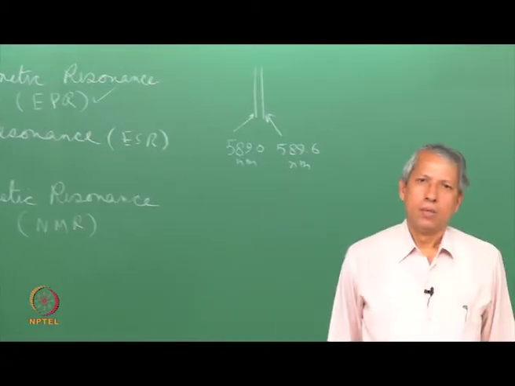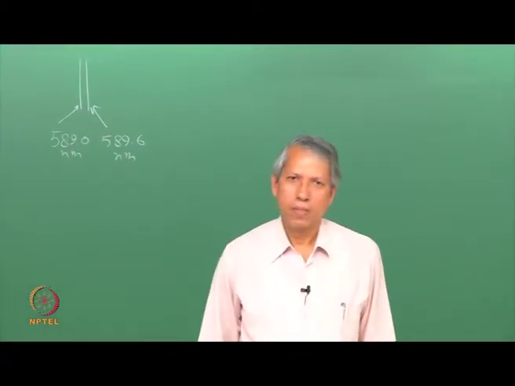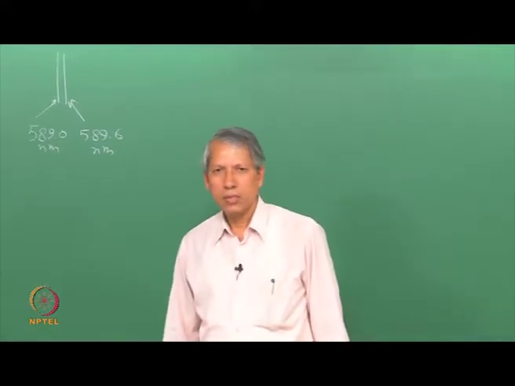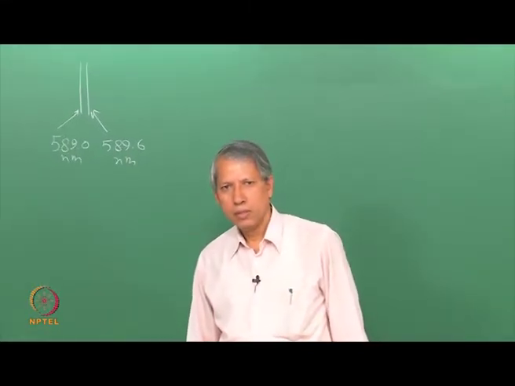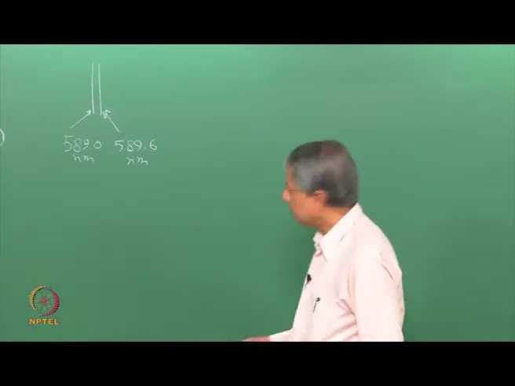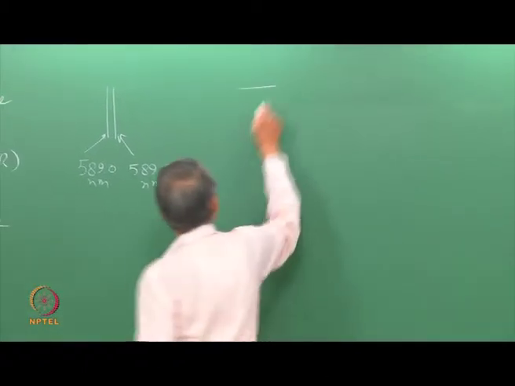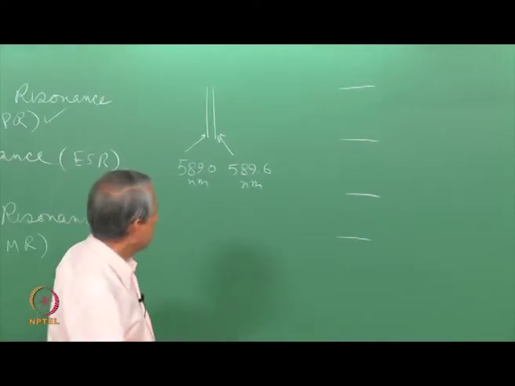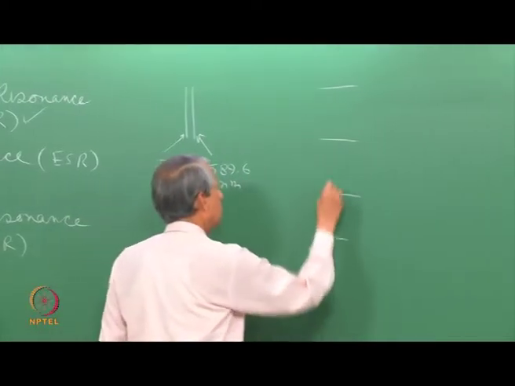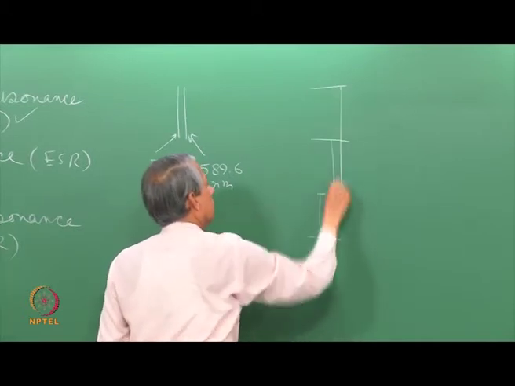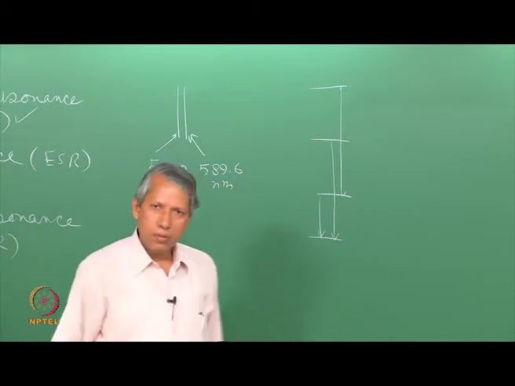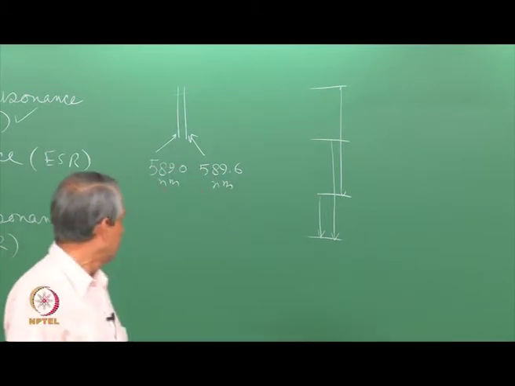By then Bohr's model of the hydrogen atom came. There, two revolutionary ideas were that atoms have discrete energy levels of this kind, and the absorption or emission of radiation takes place because of transition from one discrete level to another discrete level. That is the first key proposal of Bohr.